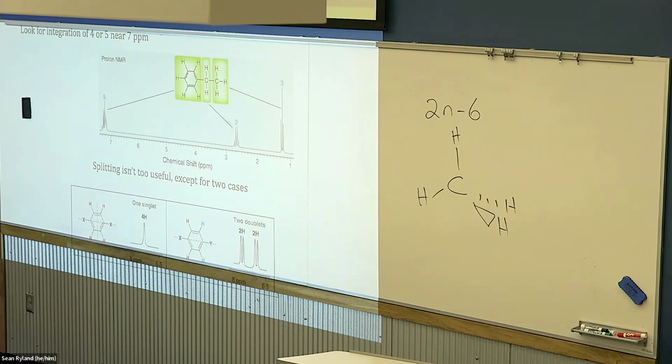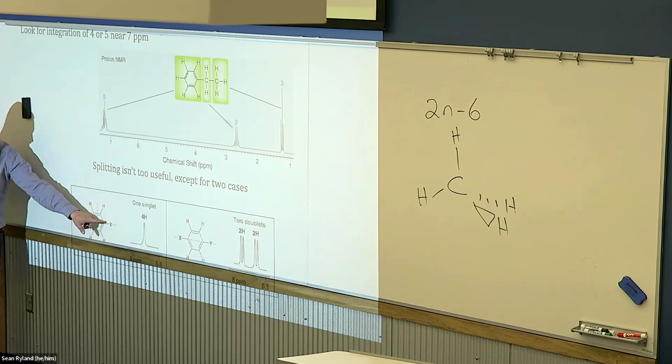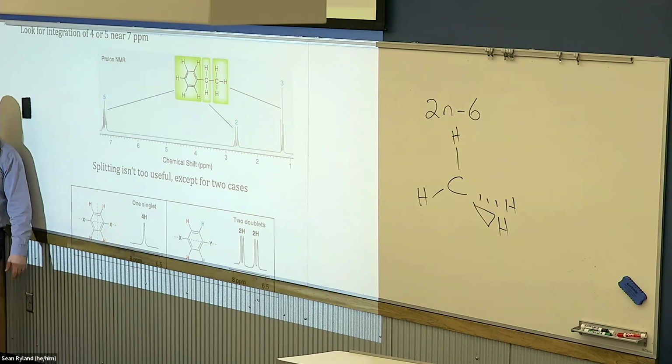There are more in-depth graphics like this, but the easiest ones to understand are when we have a di-substituted benzene and they're para. If they're para relative to each other, and X and X are identical, if your 2 substituents are the same, then all of your protons are identical to each other, and you only get a singlet with an integration of 4.